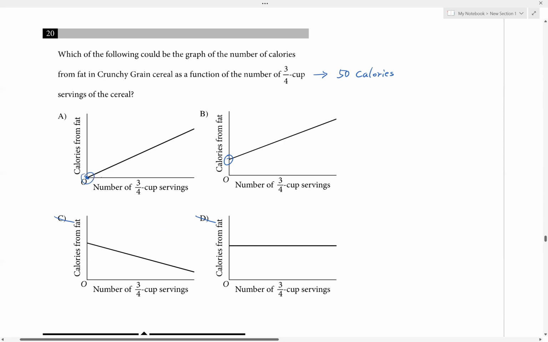If there is no cereal, then there are no calories. So we should start from 0, 0. That makes sense from our real life scenario, right? When we have no cereal, the starting point should be 0 and not something higher. So we shouldn't have a y-intercept other than 0. Okay, so it's not B. So that means for number 20, our answer should be A.